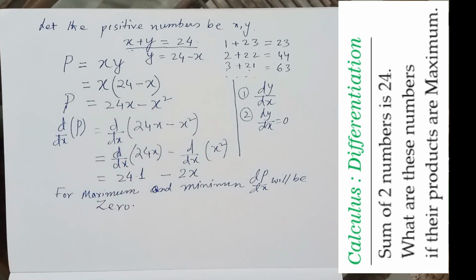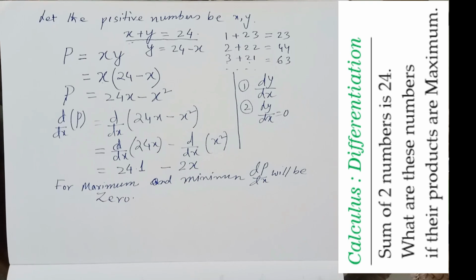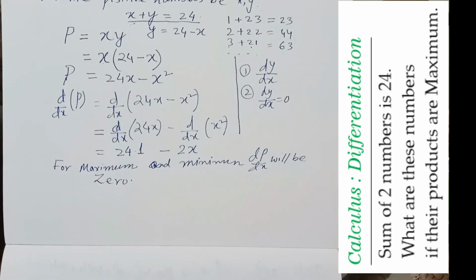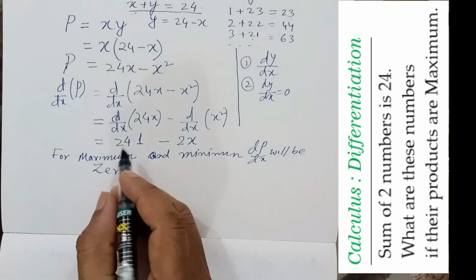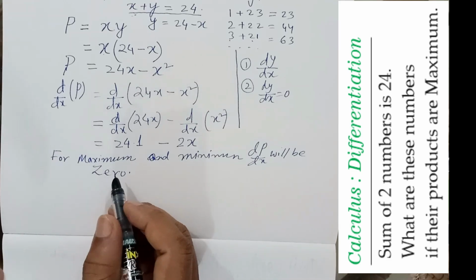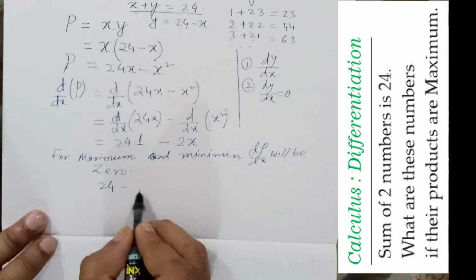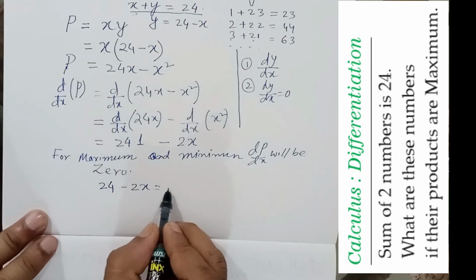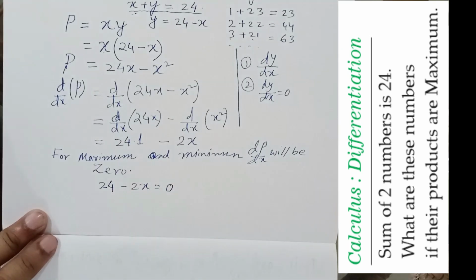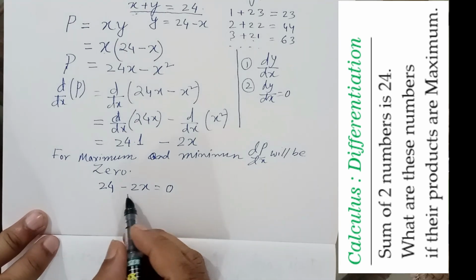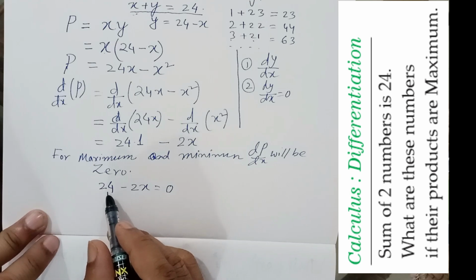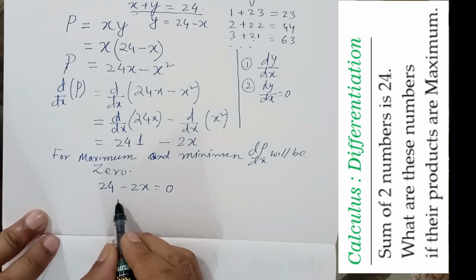These are sentences you must write. So that means 24 minus 2x is 0. From here you can solve the value of x.